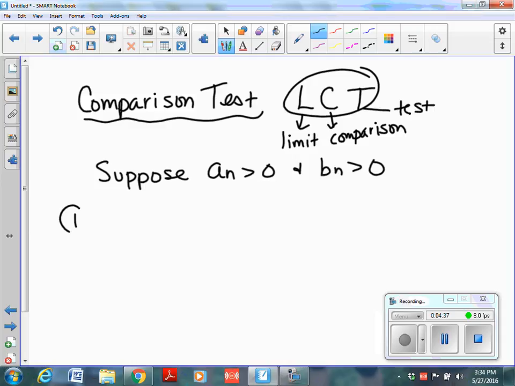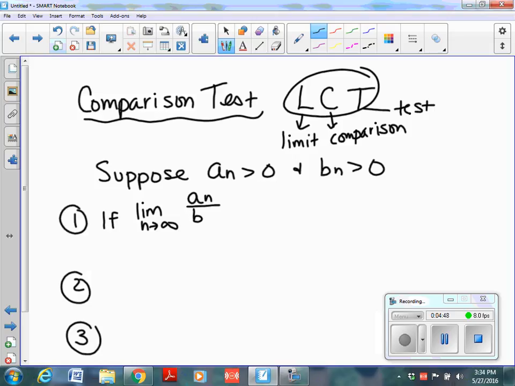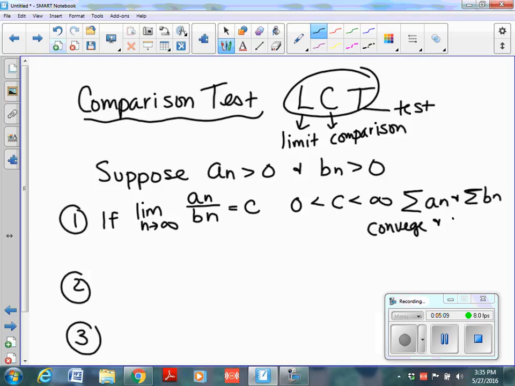So here are the 3 cases for the comparison test. If the limit as n approaches infinity of a_n compared to b_n equals some c value, where 0 is less than c, which is less than infinity, then both a_n and b_n will either both converge or both diverge.